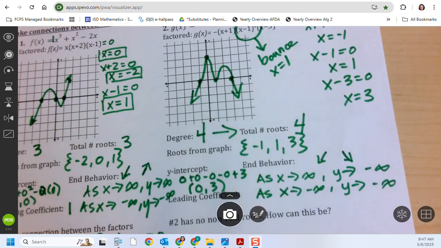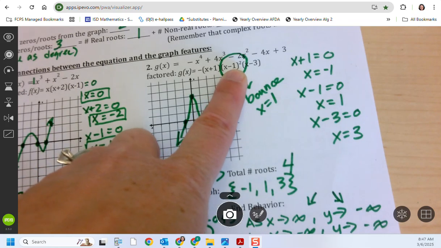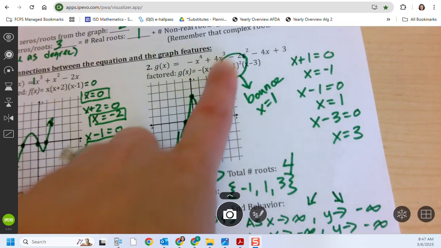But we only see 3 roots, and we know there's how many roots altogether? 4. So why would it have no non-real roots? So it is related to this one it doesn't go through, because do you guys remember that this factor is squared? This factor here is squared.